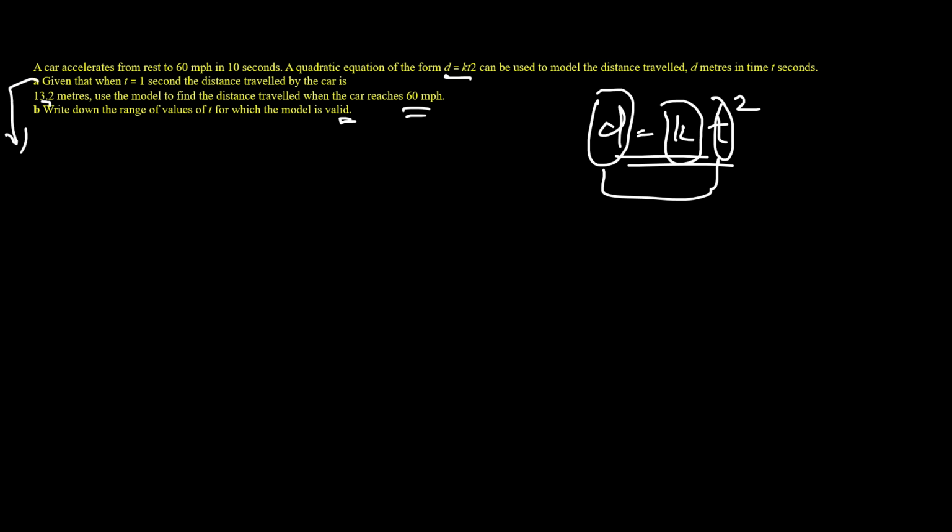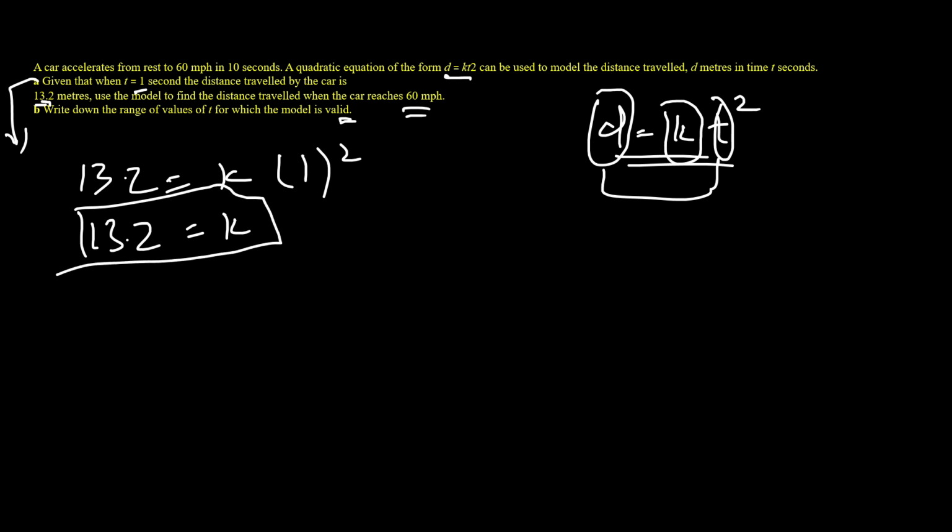So that's what we will do. When t is equal to 1, the distance traveled by the car is 13.2 meters. So 13.2 is equal to k times 1 squared. So k is equal to 13.2. So that's a constant.